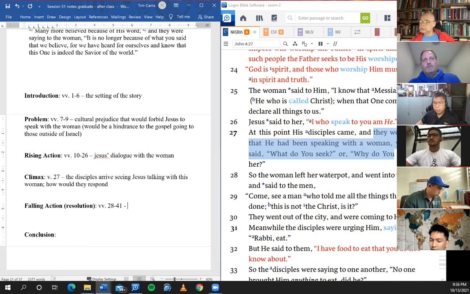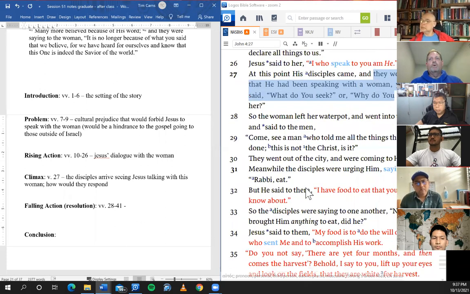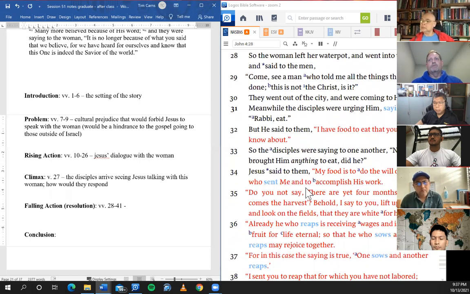We get the resolution, and that's connected to the point of the story. When we see verses 28 to 41, what seems to be the focus? How does this problem get addressed?